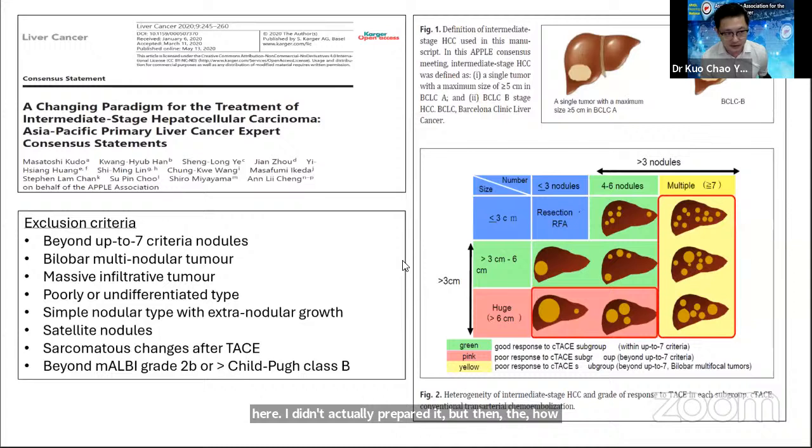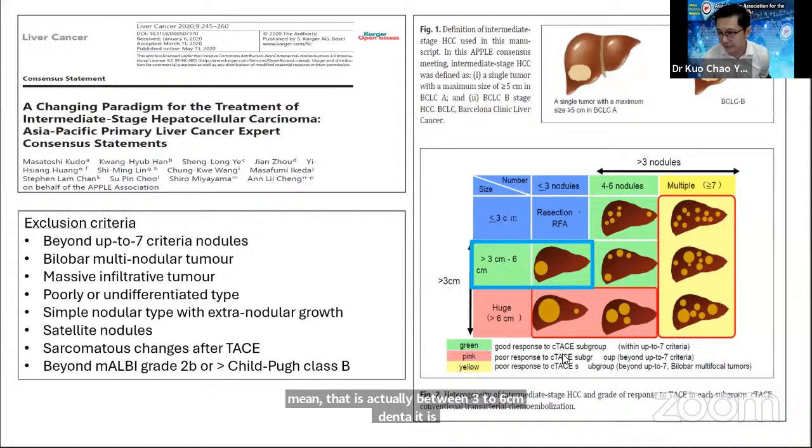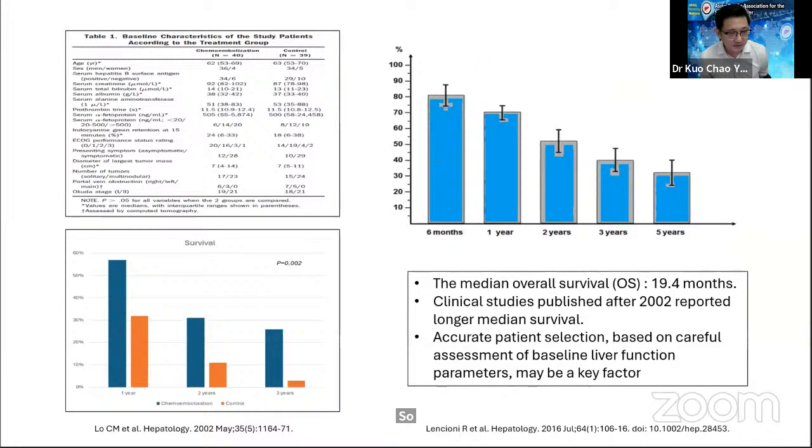As you can see here, Prof. Kudo has published before in the APPLE consensus that if the patient's tumor is between 3 to 6 centimeter, it is still considered as a good response to the TACE subgroup. This is up to 7 criteria. There is some survival benefit as compared to the control, with and without the TACE.